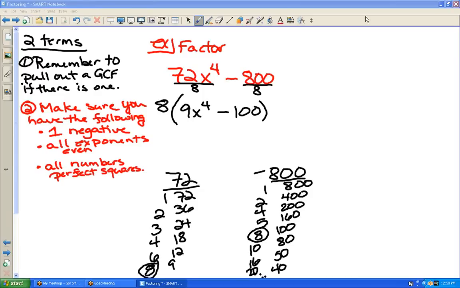Okay, so I need to know what my perfect squares are. Once I calculate the GCF, I'm really just looking at the parentheses stuff. The 8 is going to be part of my answer, but I'll deal with that as part of my answer.